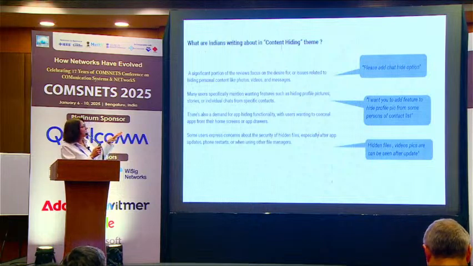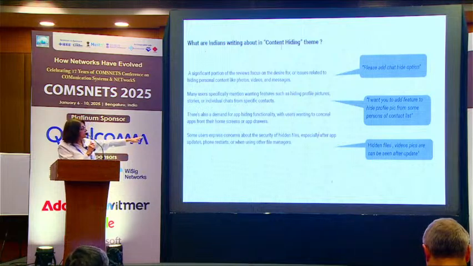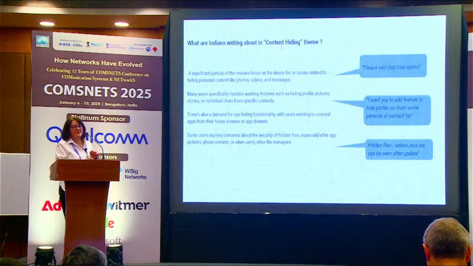And sometimes they ask for a chat option. Sometimes they say, I can't hide my profile pics from a subset of people on my contact list. They were also writing about things where they tried to hide files, and after an app update, the files sort of reappeared. Anyway, so interestingly, there's a lot of interest in this.